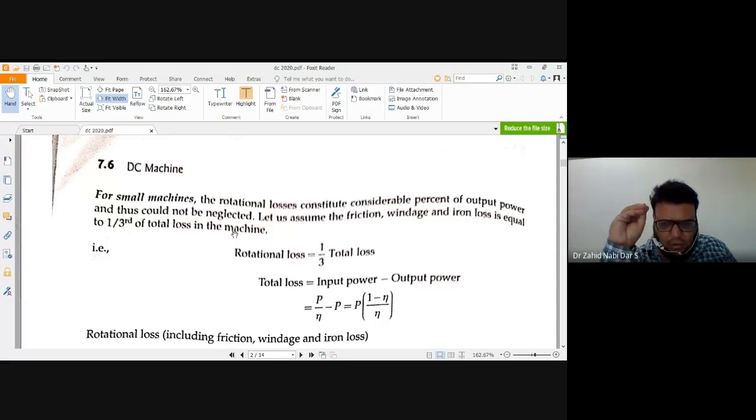Core means the core is made up of iron, CRGO, cold rolled grain oriented steel, as I told you in the very beginning. So whether you call it core loss, iron loss, or constant loss, it is the same thing, because the material loss is constant.